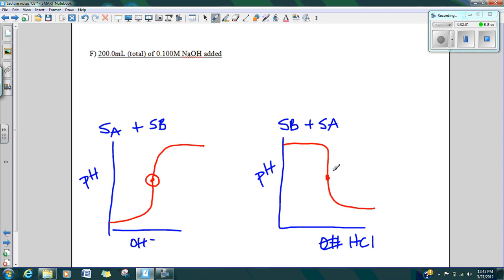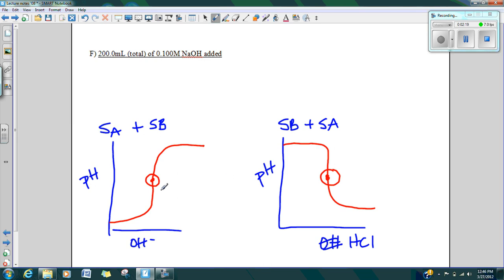What I want you to understand is that in both these situations my equivalence point, or pH, can be 7, because I have a strong acid and a strong base and you're making something neutral. However, this curve is going to change if I don't always have a strong acid and a strong base.